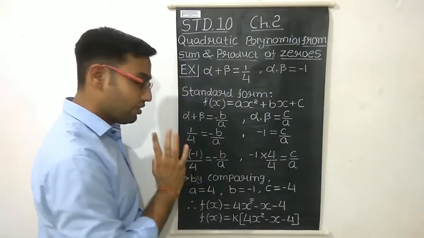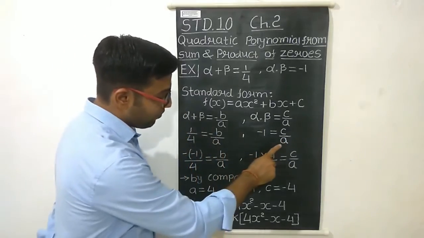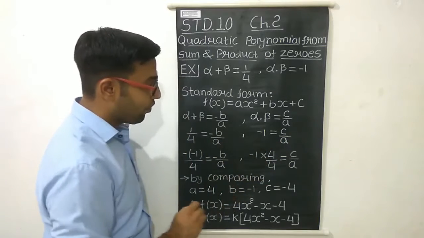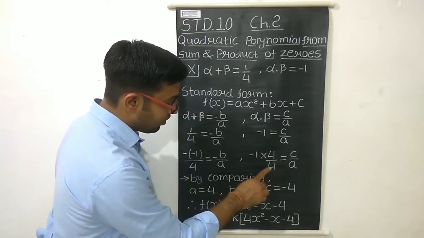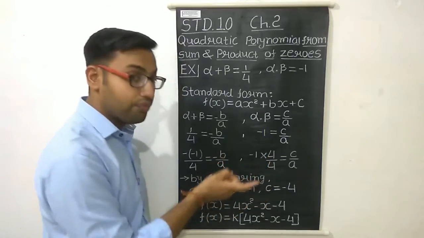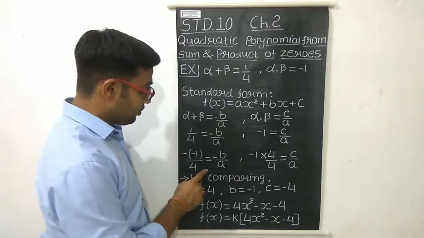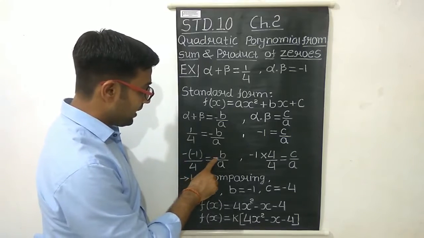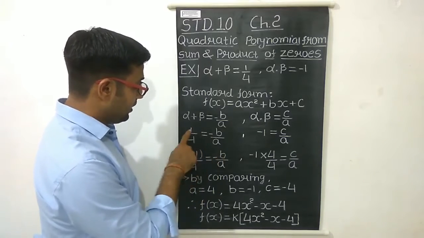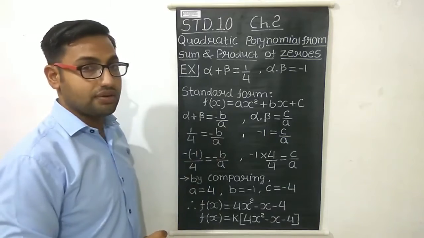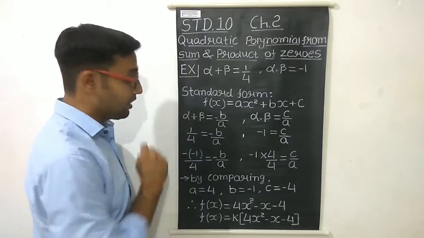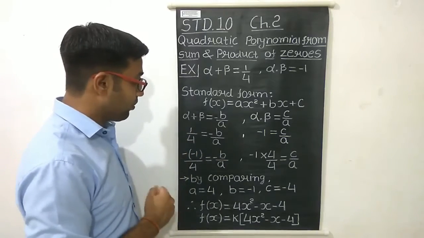So here 4 is already there. So to make the denominator 4 here, we have to multiply minus 1 with 4 in both the numerator and the denominator. Okay. Here also there is a minus sign before b, but here there is no minus sign before 1. 1 is plus, right? So now what we have to do?